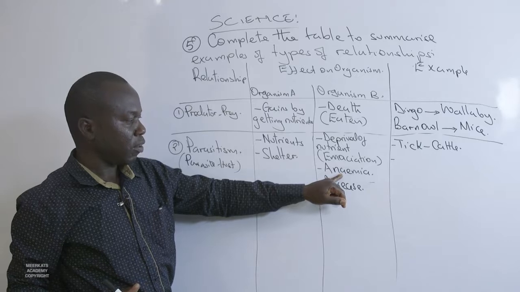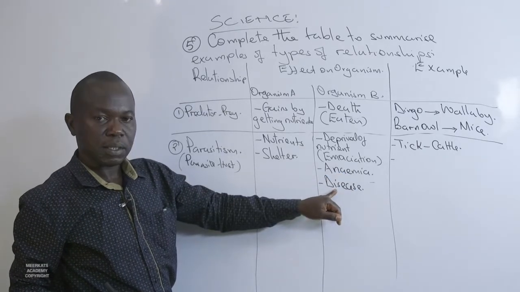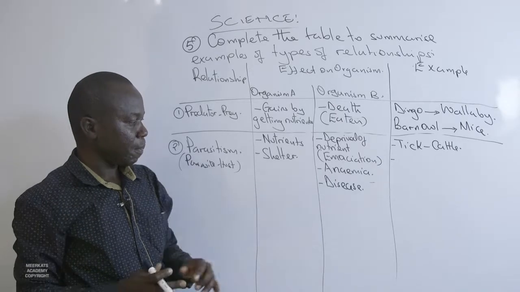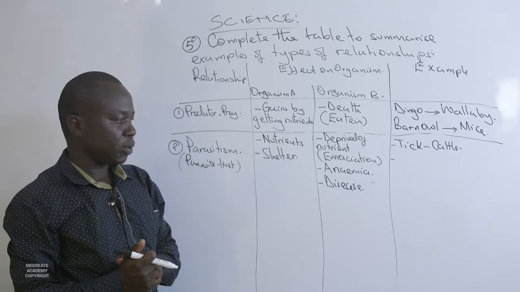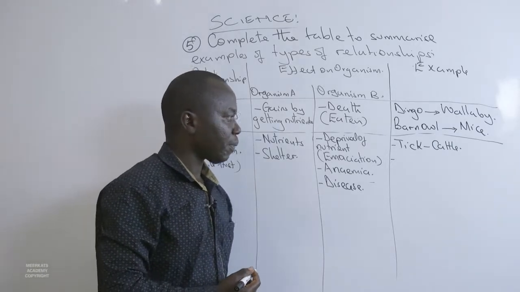Due to sucking of blood, again, it becomes anemic and they transmit diseases. A very good example is the mosquito transmitting Plasmodium, which causes malaria.